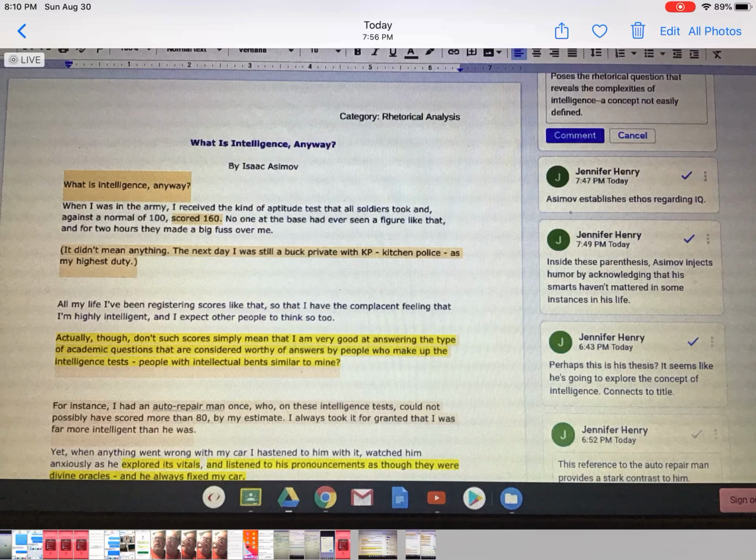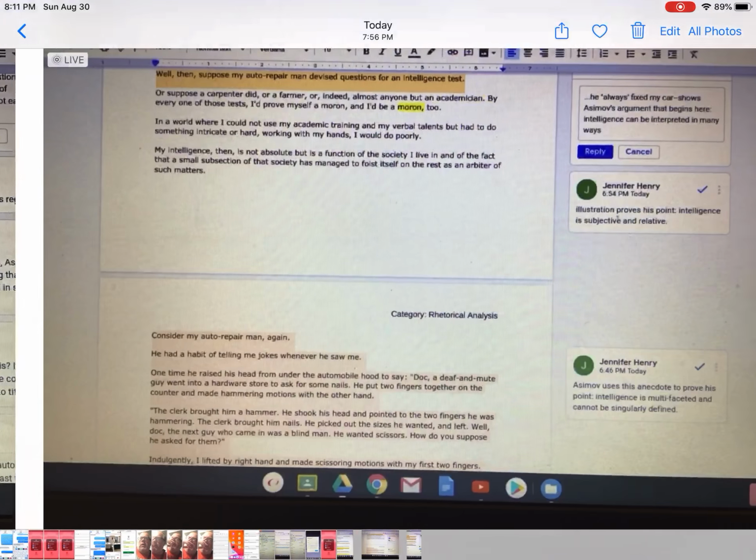I liked very much the very bottom where he described how the auto repairman explored the car's vitals, listened to his pronouncements as though they were divine oracles, and he always fixed my car. The way Asimov describes the actions of the auto repairman almost seems like he is in some position of leadership, almost like he's some kind of doctor who would be highly intelligent and very educated.